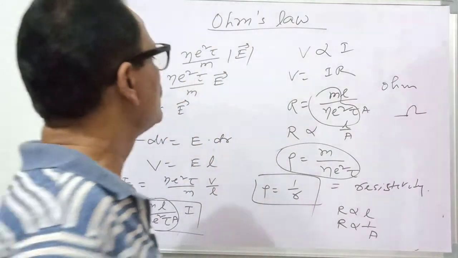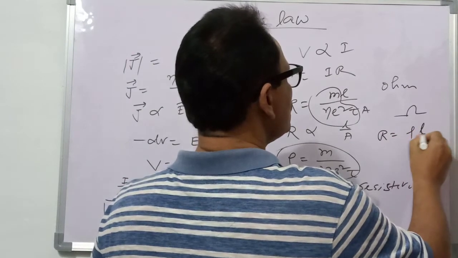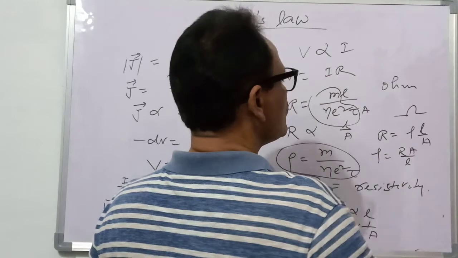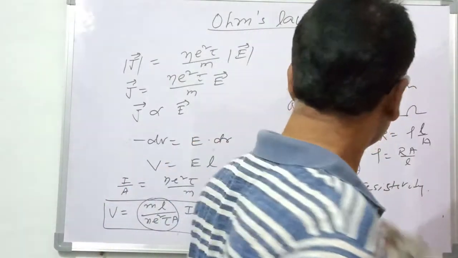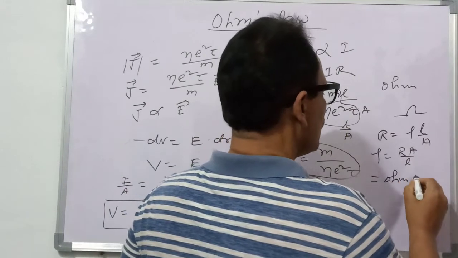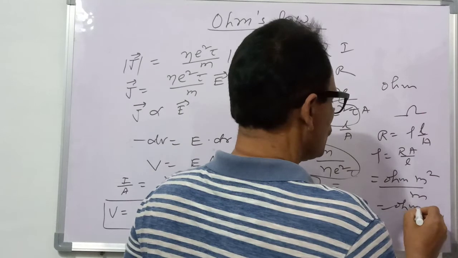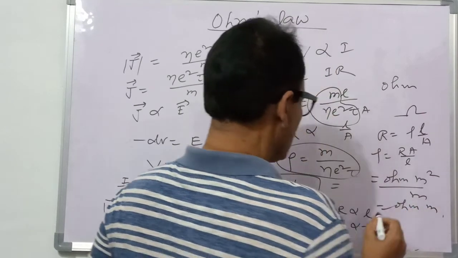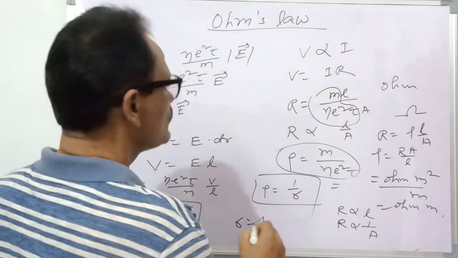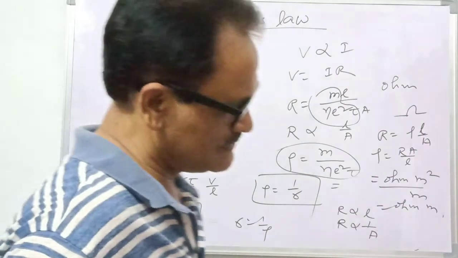And so R is rho L by A, so rho is R A by L, and R is ohm, and it is meter square by meter, so it is ohm meter, and the reciprocal of this is sigma, and sigma is 1 by rho, so 1 by ohm meter. This is the unit. Thank you.